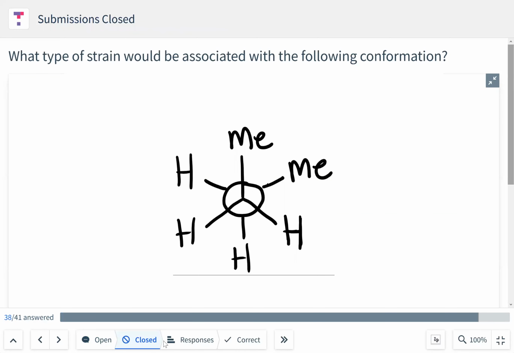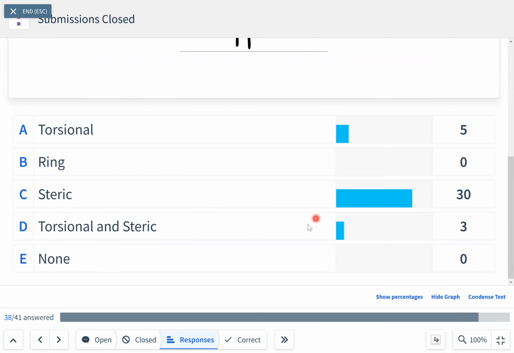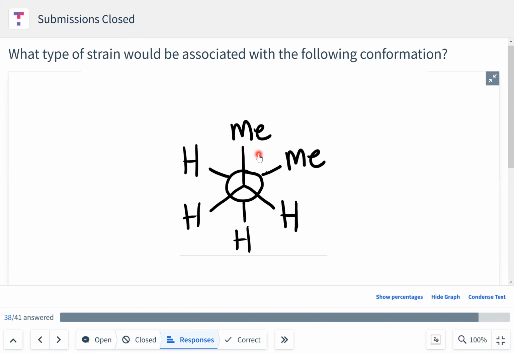Alrighty, here we go. Responses. Steric is the most popular answer. Steric and torsional. Okay, so there are two types of strain we learned about yesterday. Torsional strain is the strain in an eclipsing conformation, where the electrons within two bonds are repulsive, so a repulsive sort of energy.